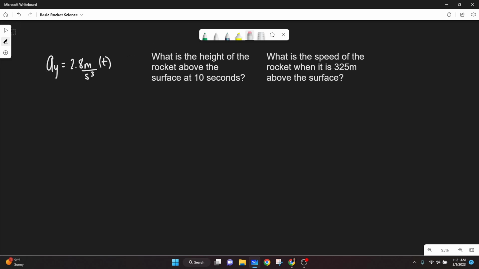So what we can do is take this function and integrate it. And so our velocity along the y dimension will be equal to the velocity at time 0, so our initial velocity, plus the integral from 0 to t of our acceleration, a y.